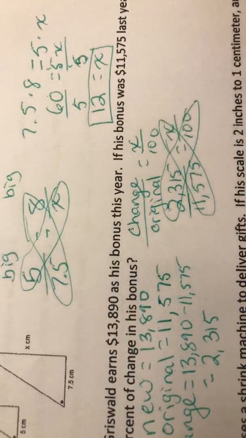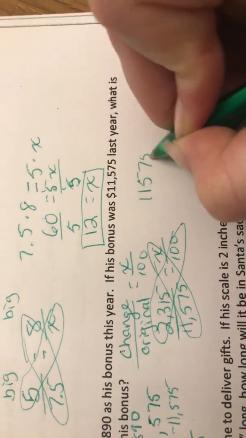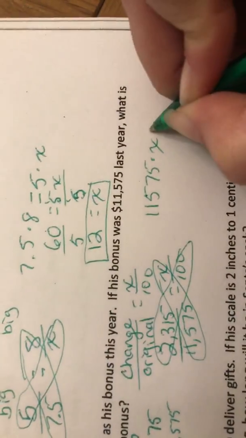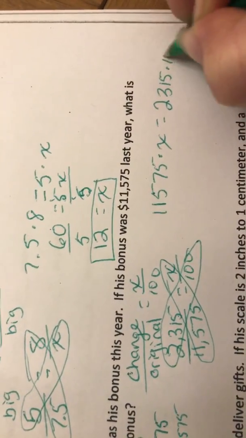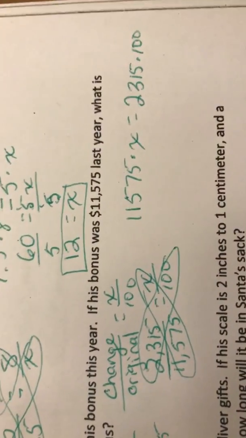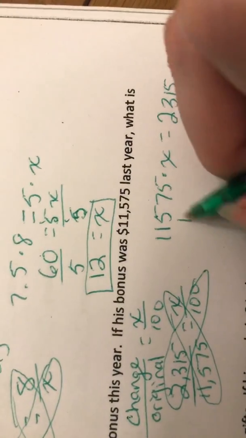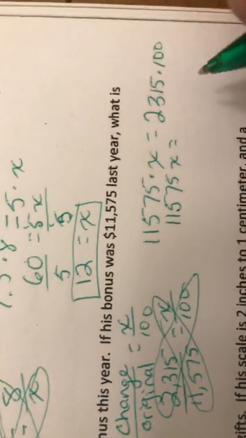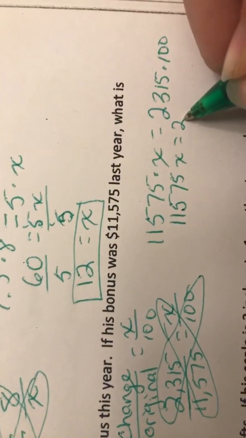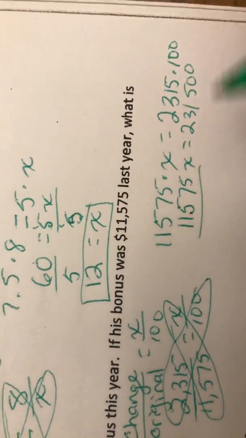We draw in our band-aids to cross multiply. And we see that 11,575 times x is equal to 2,315 times 100. That gives us 11,575x equaling 231,500.